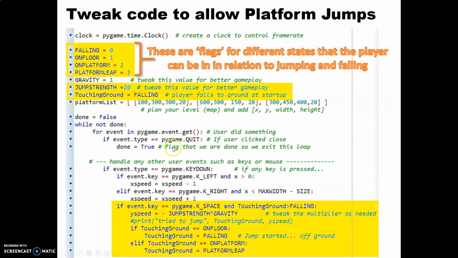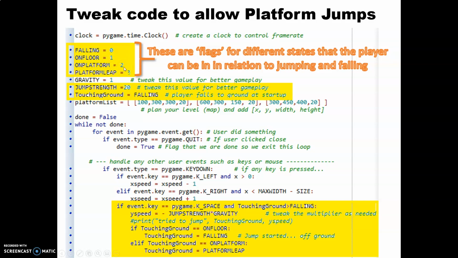So we need to have not just whether we are touching the ground or not touching the ground, but several different states. Falling we'll call state 0. This is the natural state of our player character. On floor will be worth 1, and that would be the equivalent to true.